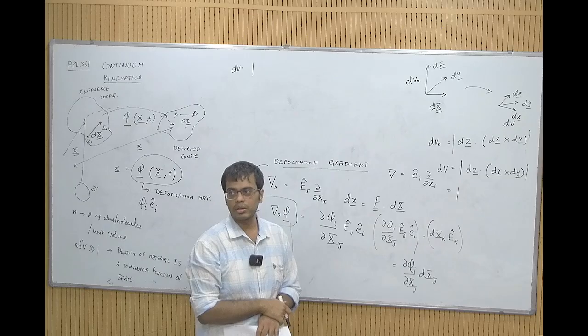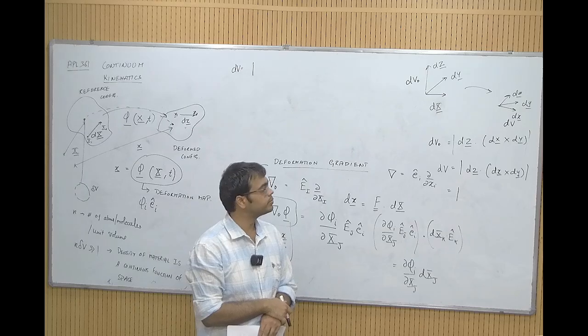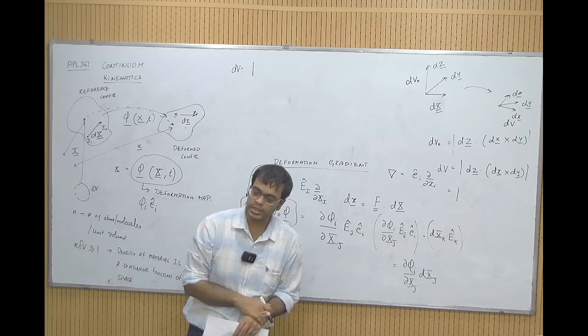Use your alternating tensor, the third order tensor that we defined yesterday. How do we write it in index notation?